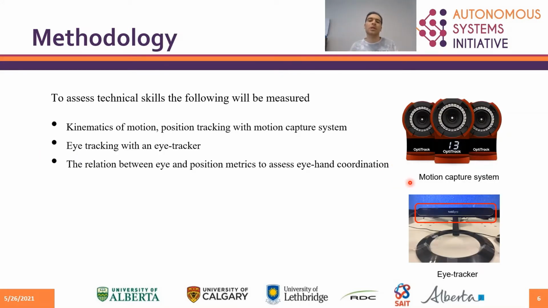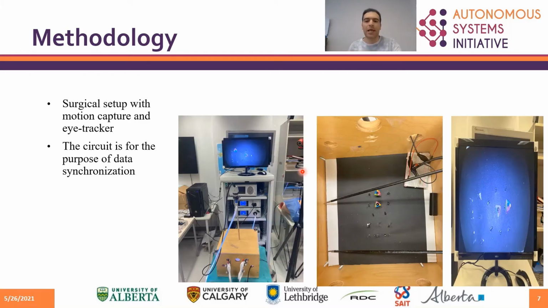We want to employ these two measurement devices to measure the parameters. We have a motion capture system here and also an eye tracker, as you can see. Another important issue is that the interaction between these two data streams is much more important to assess eye-hand coordination, which shows the motor functionality and the skills in that.